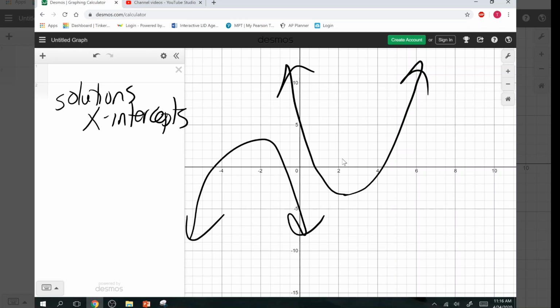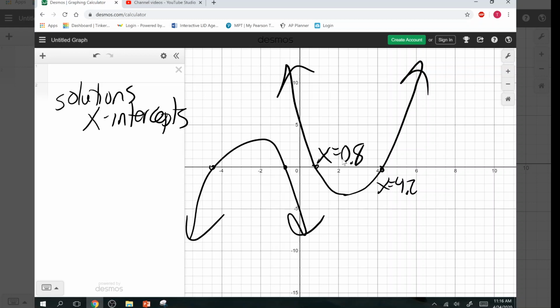If it goes through the x-axis twice, once here and once here, then those values are my solutions. So it'd be like x equals 4.2 or something like that, and x equals 0.8. Those would be the solutions to this. So solutions are just x-intercepts, and we read them from a graph in Desmos.